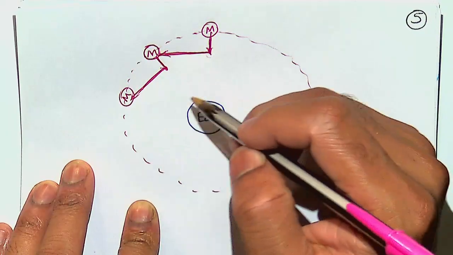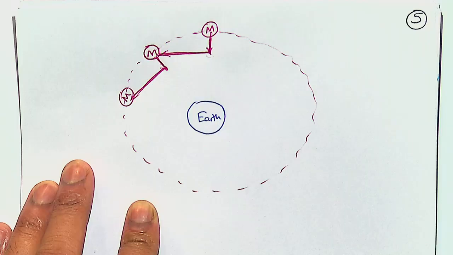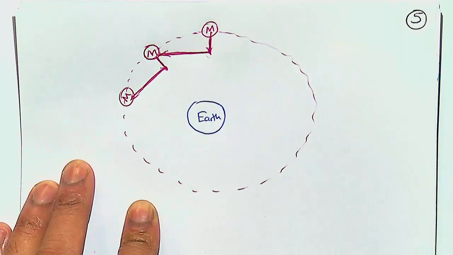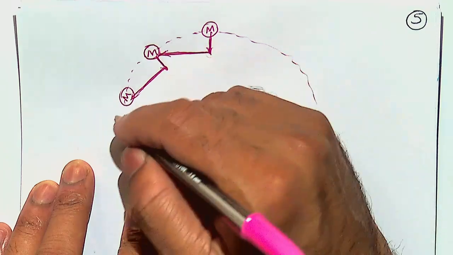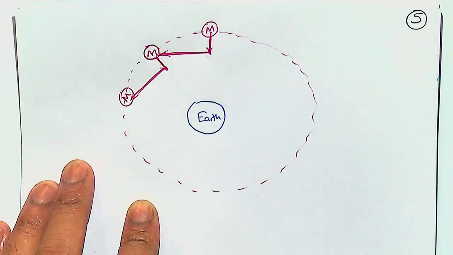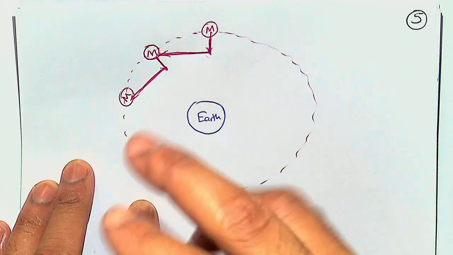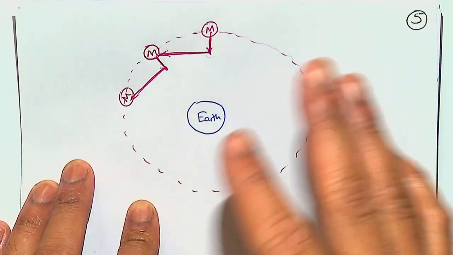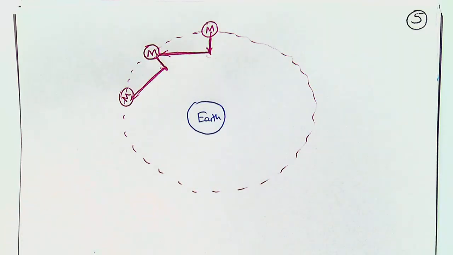If it didn't have the velocity, it would just fall to the Earth. But it's still falling towards the Earth. It's just that every time it tries to move towards the Earth, it's moved sideways a bit. So it has two movements at the same time, moving towards the Earth and moving around the Earth. That's what keeps it going around in a circle, and keeps it in orbit.